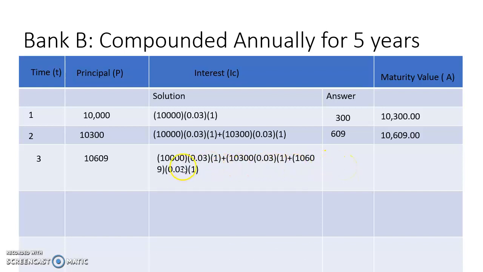So, computation, 10,000 times 0.03, ito lang yan, plus 10,300 times 0.03 times 1 plus, ito na, yung para sa third year, 10,609 times 0.03 times 1. So, ang interest niya is 927.27. So, maturity value is 10,927.